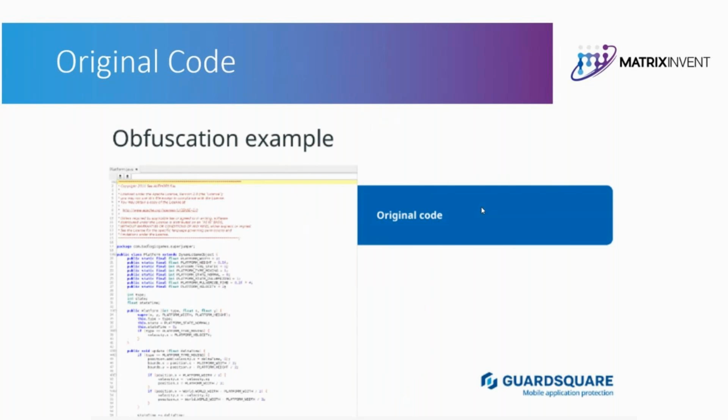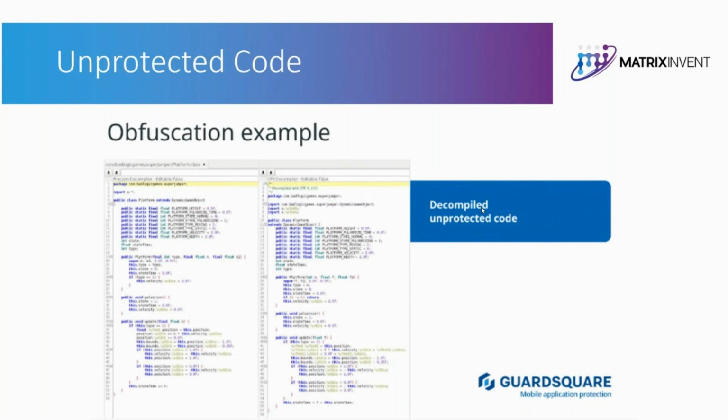So now we will see an example of original code and obfuscated code, which means before and after the code obfuscation. As you can see in this slide, this is the original code of an application. And next, this is the decompiled unprotected code.